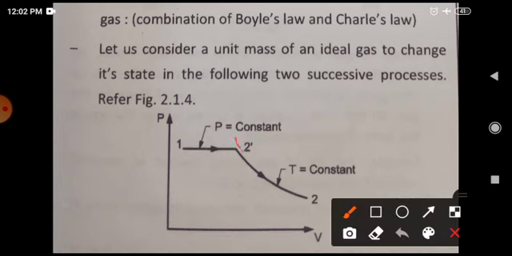And the other represented process is according to Boyle's law. That means two processes are given: in the first process, pressure remains constant, and in the second process, 2 dash to 2, temperature remains constant.